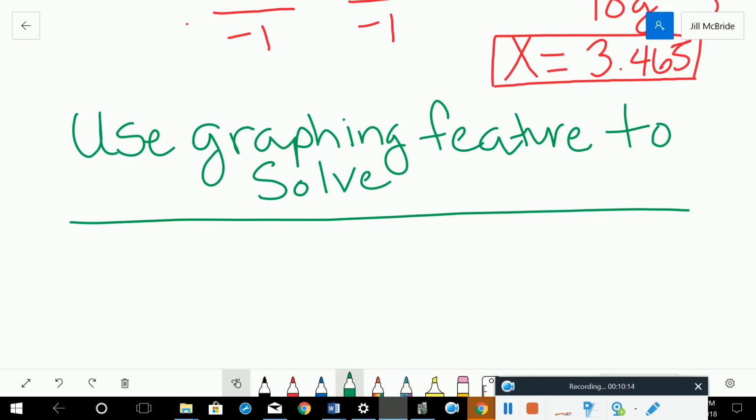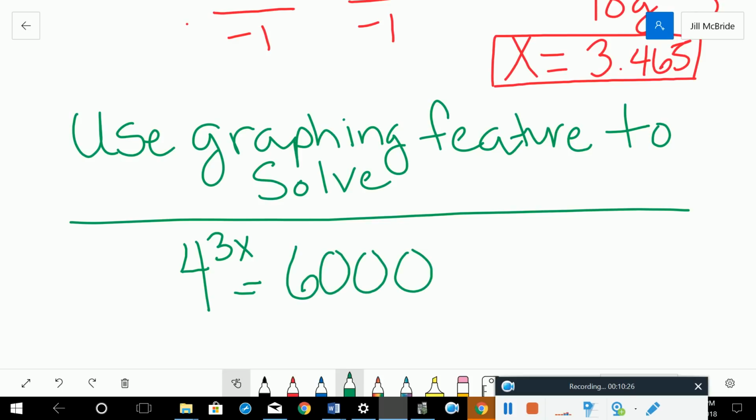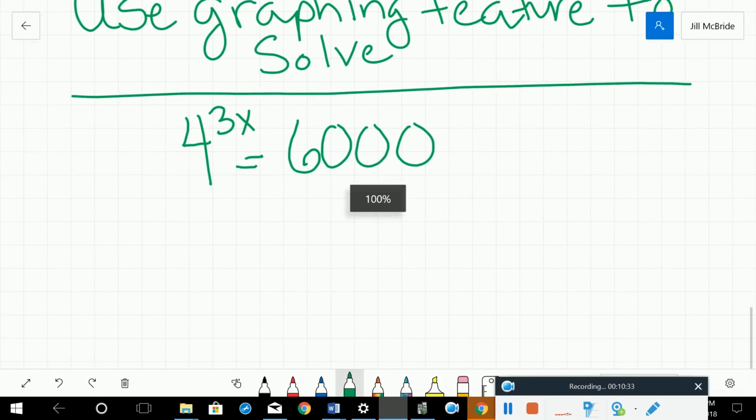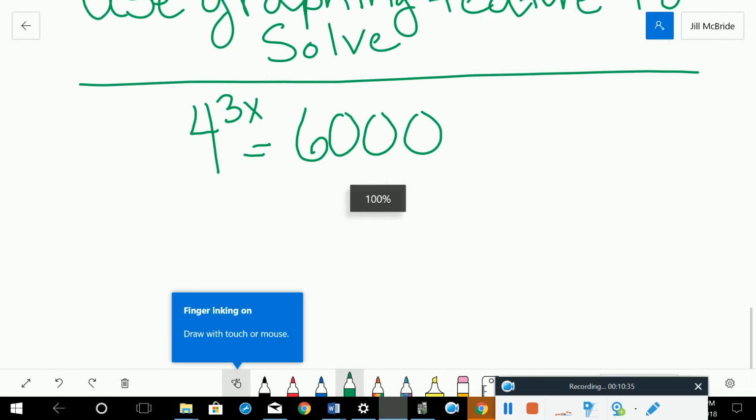So if I wanted to solve this exponential, 4 to the 3x equals, and we're going to use a big number just so we can get some practice on changing our windows in our calculator, 4 to the 3x equals 6,000. I am going to graph two equations here.